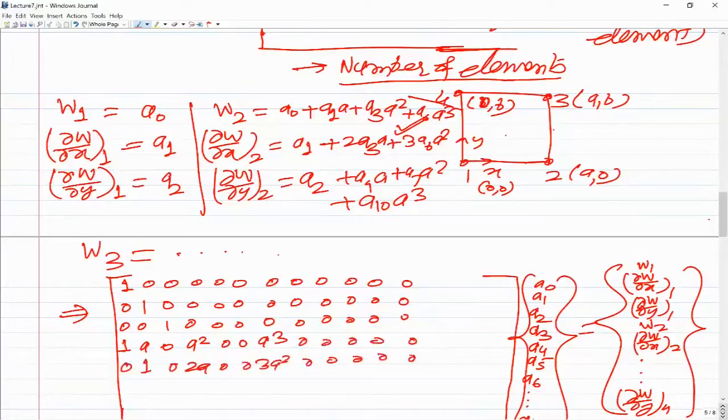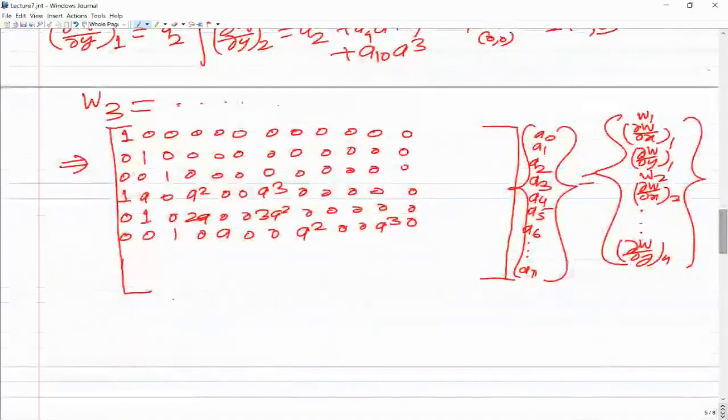Then del W by del Y at node 2 would be 0, 0, 1, 0, A, 0, 0, A square, then 0, 0, A cube and 0. So like that, you can write all the degrees of freedom. You will be able to write all of these.